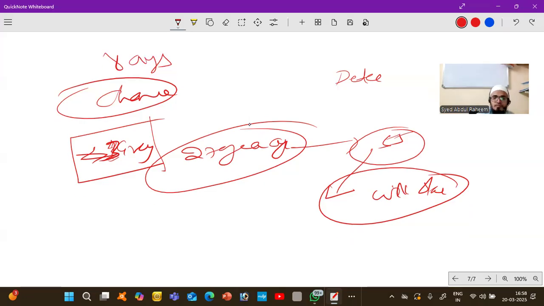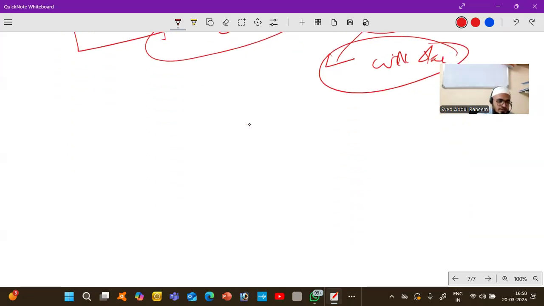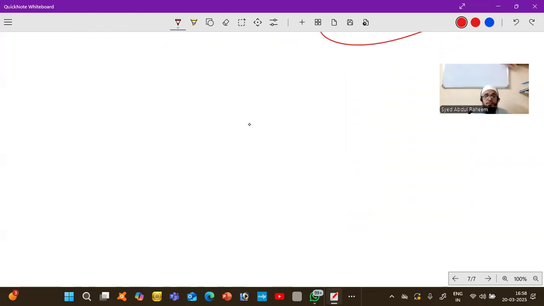Next is deterministic. This means if he is exposed to more than the required amount, then he will get affected. Some rays, like alpha rays, are very dangerous. The minimum is one gray.